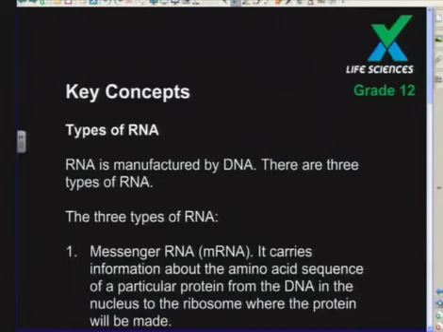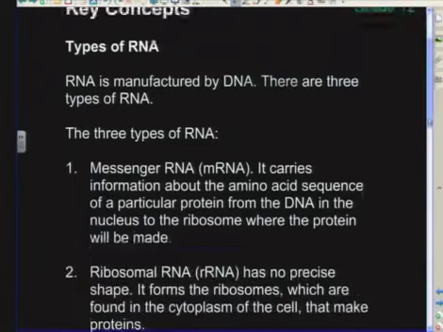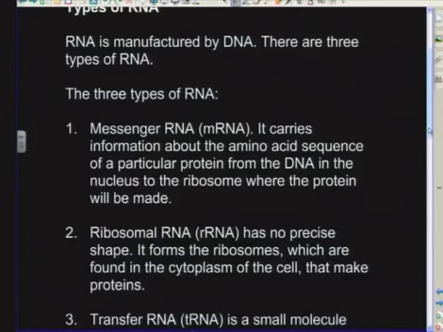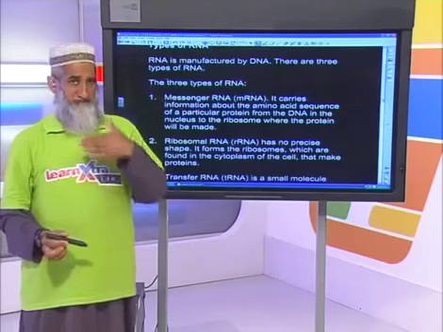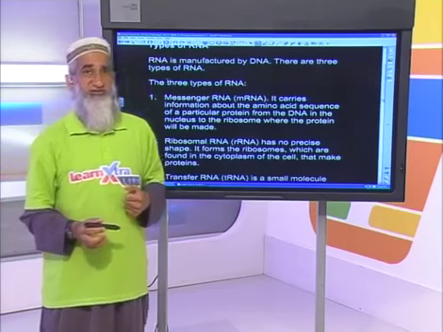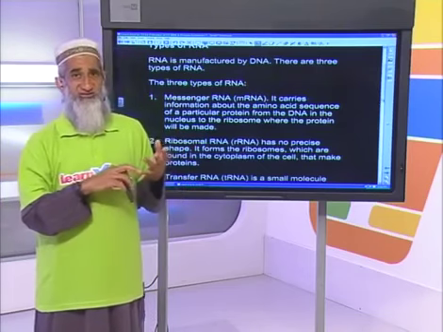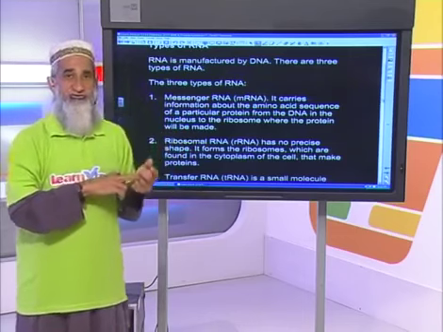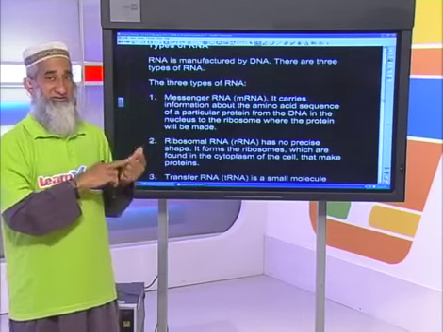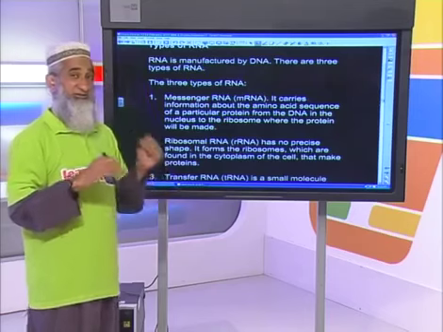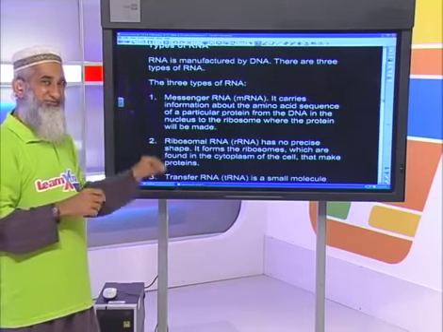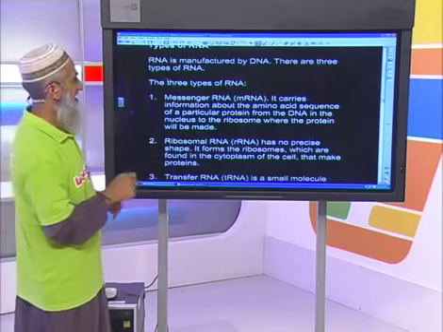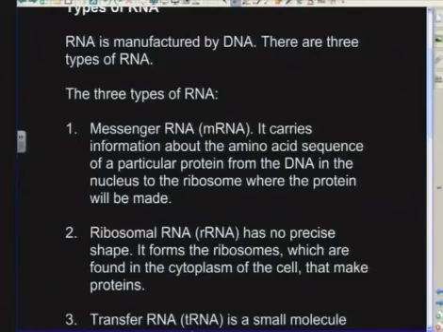Now, the other difference is that RNA has several types. But again, somebody may argue, because of the discoveries we've made recently, there are different types of DNA as well. Remember from last week, we had nuclear DNA, mitochondrial DNA, and chloroplast DNA. So there are different types of DNA as well. However, there are specific different types of RNA, and they are, firstly, messenger RNA.